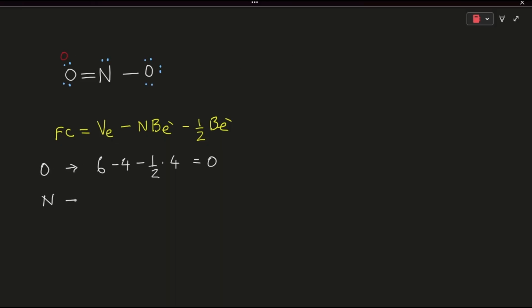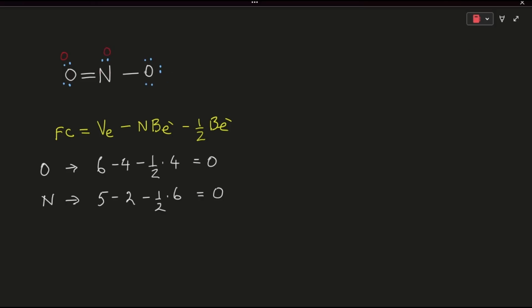Now for the nitrogen, nitrogen has valence shell electrons of 5. Now this lone pair is not involved in the bonding, so we have 2 non-bonding electrons. Then we have 6 bonding electrons, 4 here and 2 here. So nitrogen here also has a formal charge of 0.